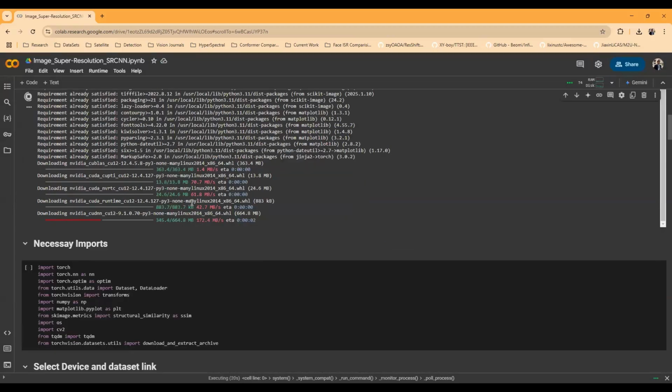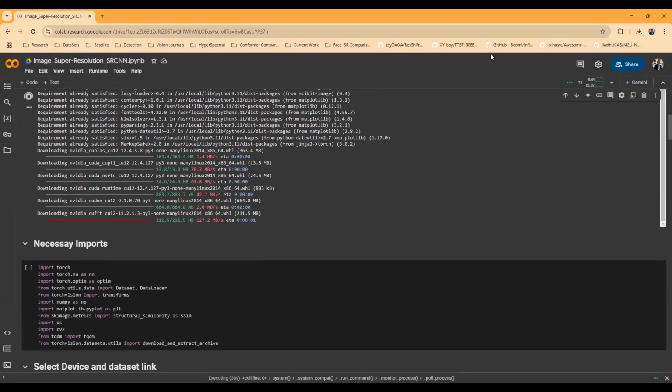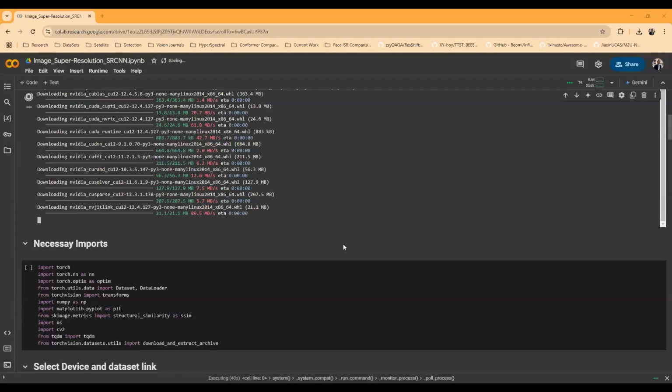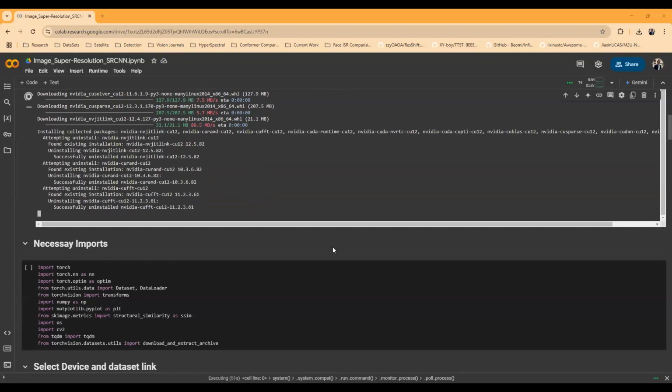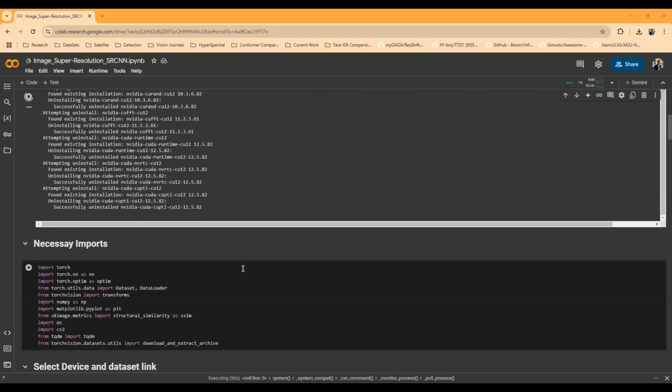The same thing will be installed here again. It might take some time depending on your internet speed and the package download size.